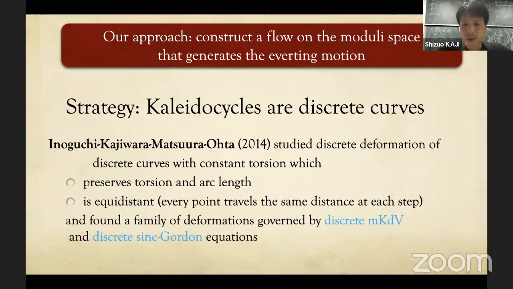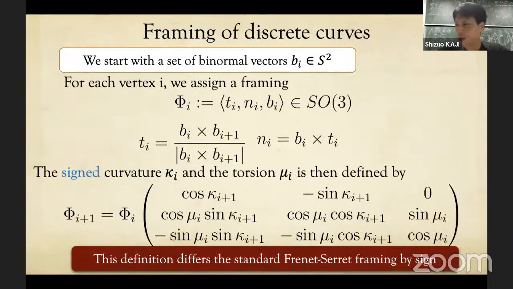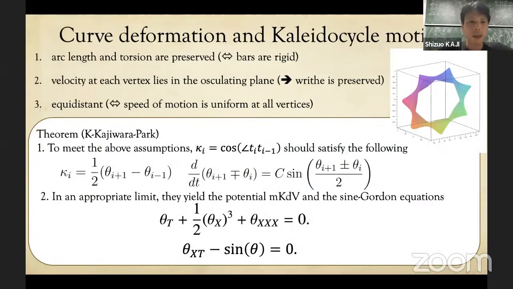And for continuous curves, it is known that these isoperimetric motions are described by the mKdV equation, a certain partial differential equation. So we can expect that there is a discrete analog of this mKdV equation, which describes the motion of a discrete curve. Perhaps I skip to the main theorem.